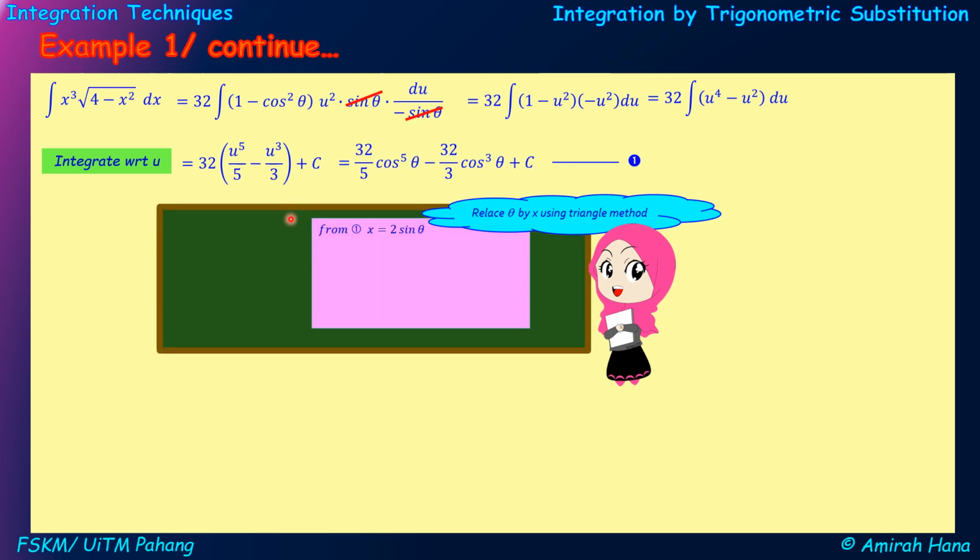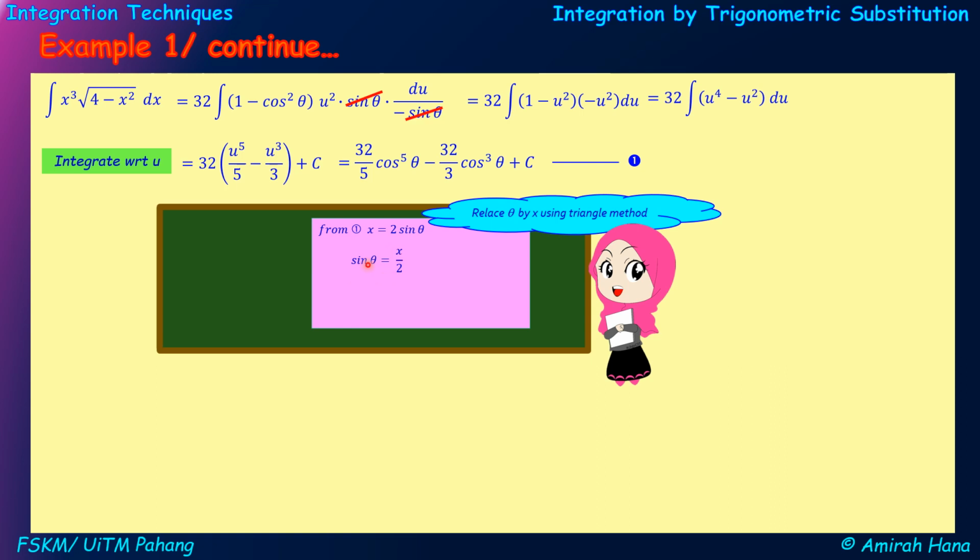From the first step in the previous slide, we take x equals 2 sine theta. Then we write sine theta as the subject, so we move to the left hand side and get x over 2.